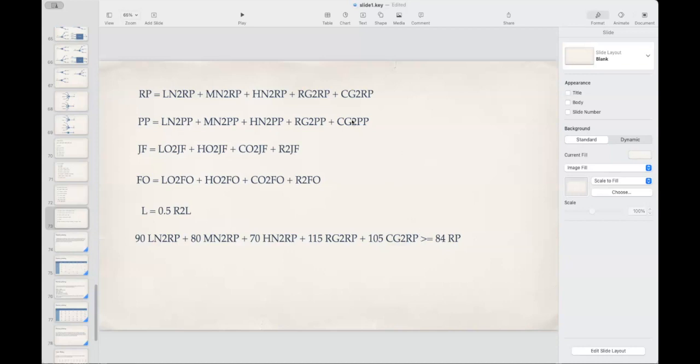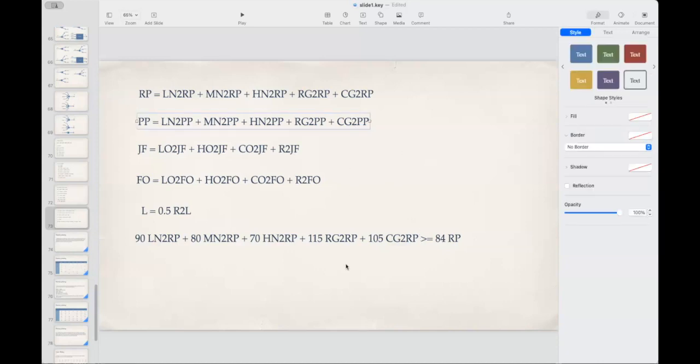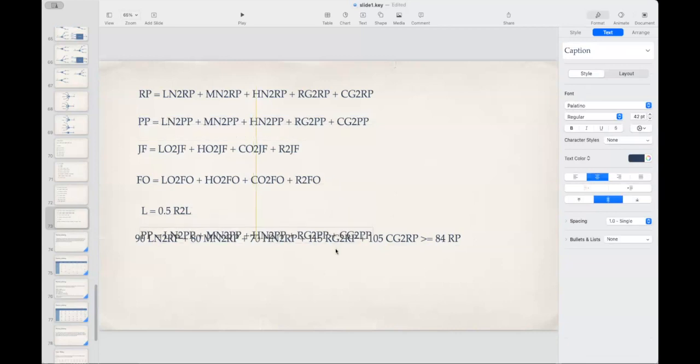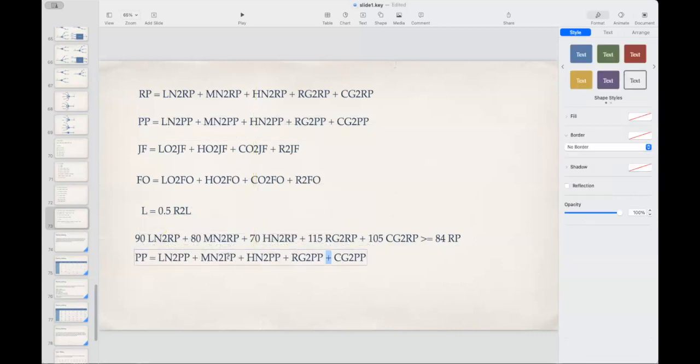Okay. And the same applies to PP. And this one is just, yeah, I can copy the first line, 80, 70. And this is 115. This is 105.